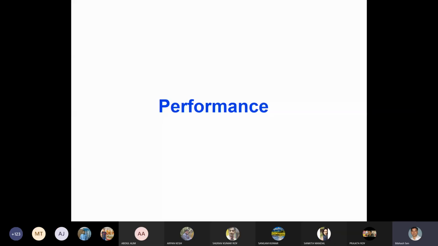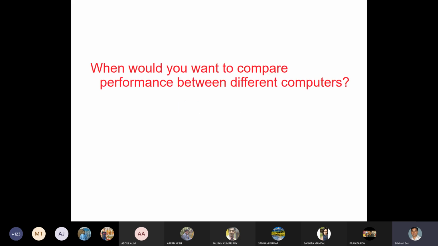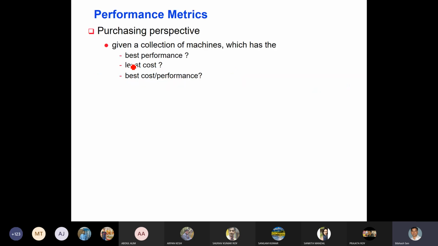In performance metrics, we follow the slide that is particularly performance oriented. We have studied instruction set architecture so far, and the related issues with the MIPS simulator also. Now our question is: when would you want to compare the performance? If you would like to compare the performances, then what should you do?